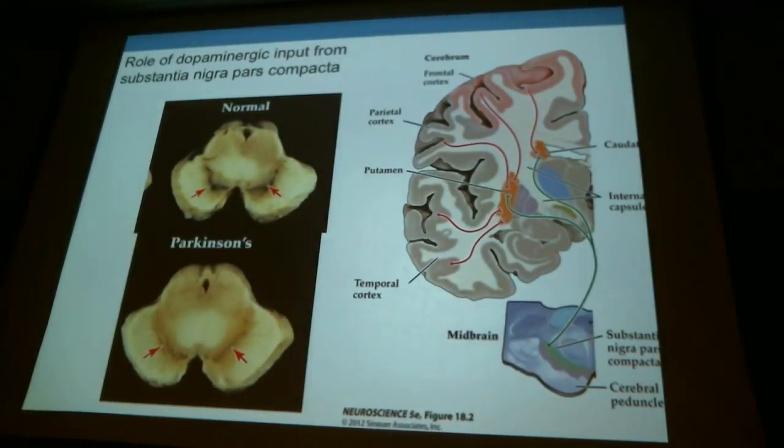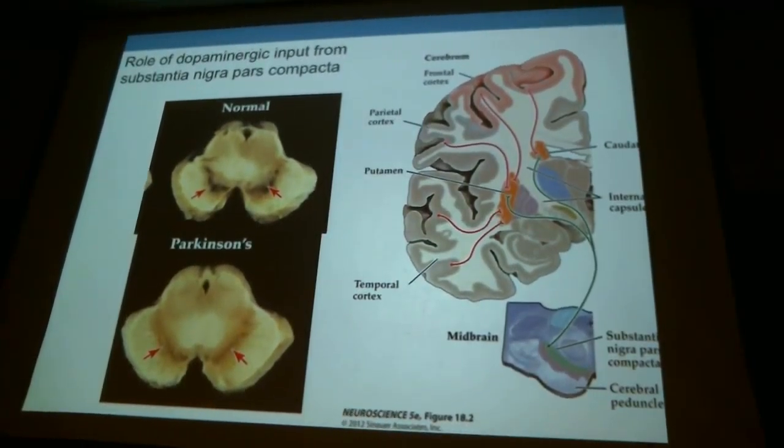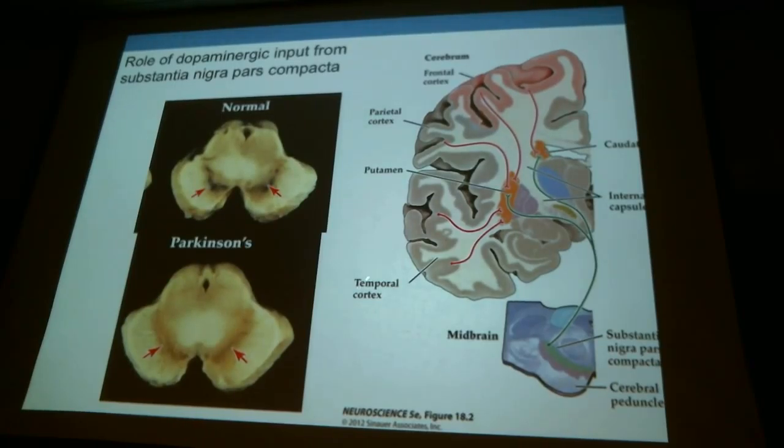Let's see. Oh, here's some anatomy of this dopaminergic input. So here, remember we talked about this is the striatum, the caudate putamen. Here's the globus pallidus. Here's thalamus. And down here in the midbrain is the substantia nigra. And there's one component, the pars compacta, that supplies this dopaminergic input, this green line right here.